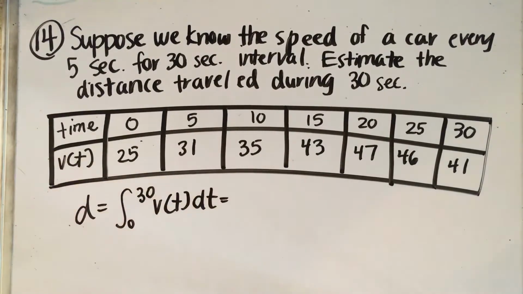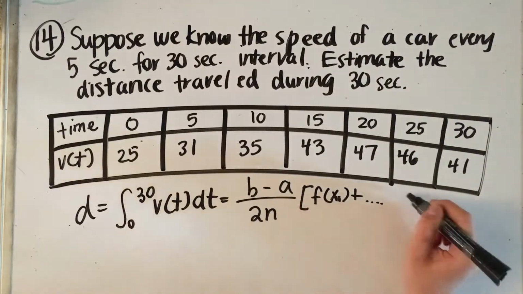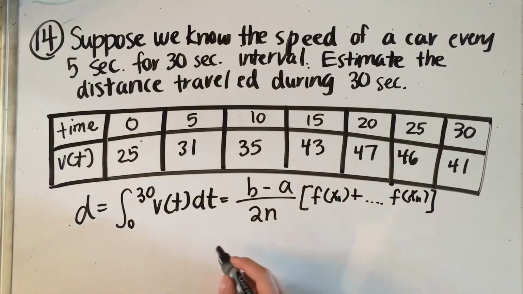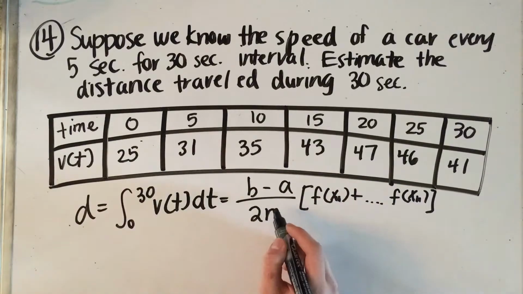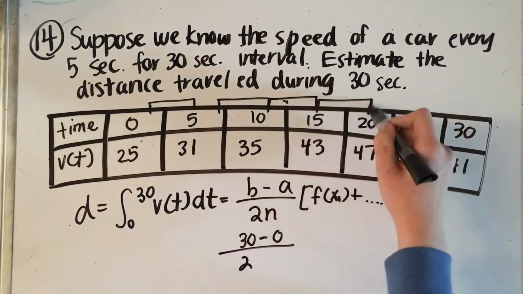Once we have gathered all our information, we know that we are going to be using the trapezoidal rule, so we can copy it down here. And now we can plug in the numbers that we have in order to solve this problem.